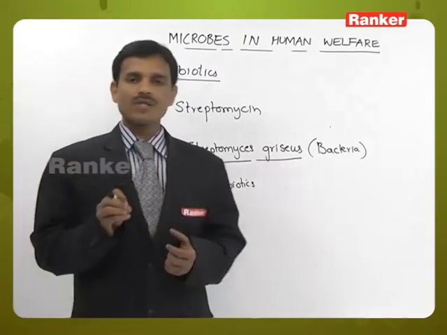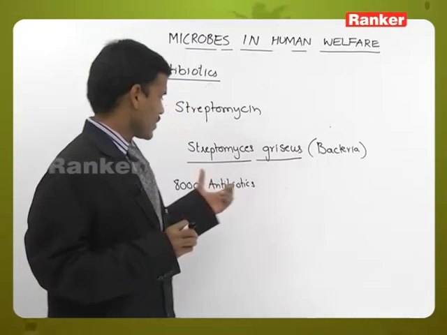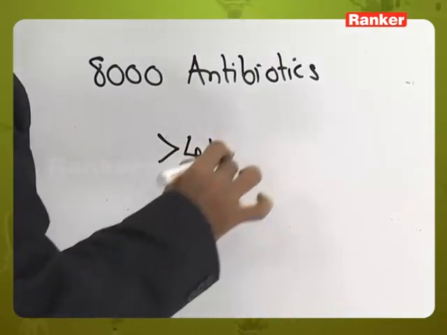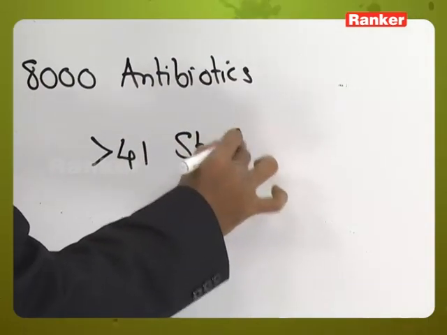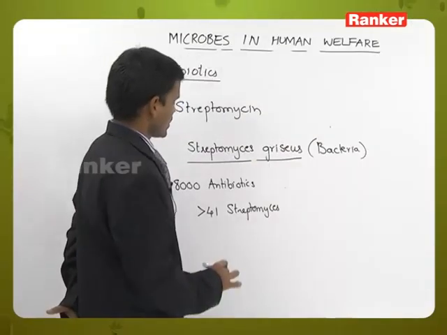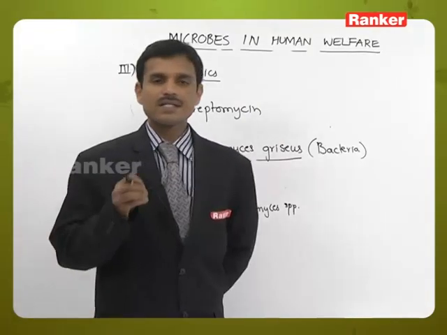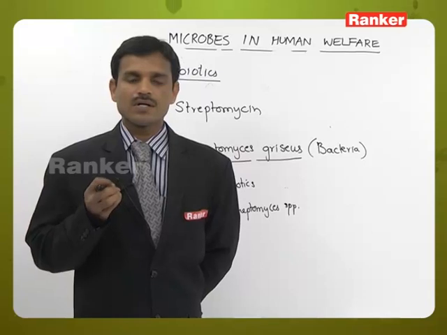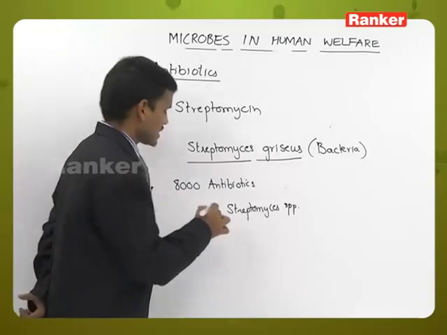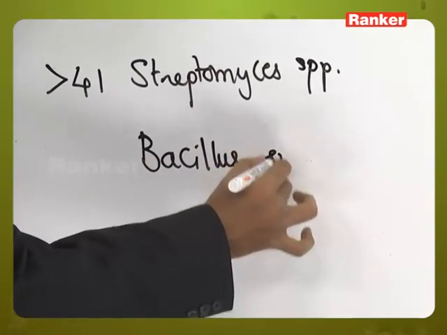Of these, more than 41 antibiotics come from Streptomyces species, and almost 60 antibiotics are extracted from Bacillus bacterium, Bacillus species.